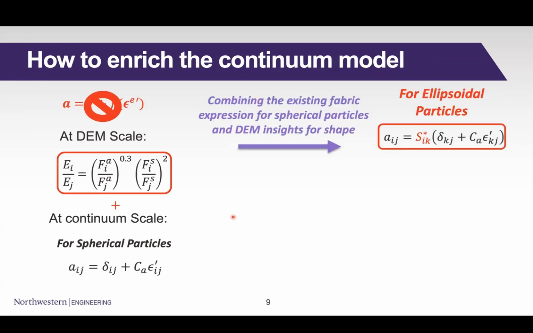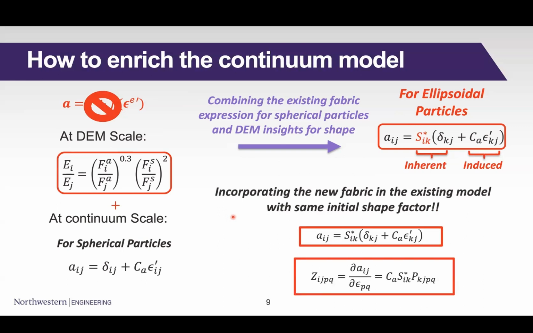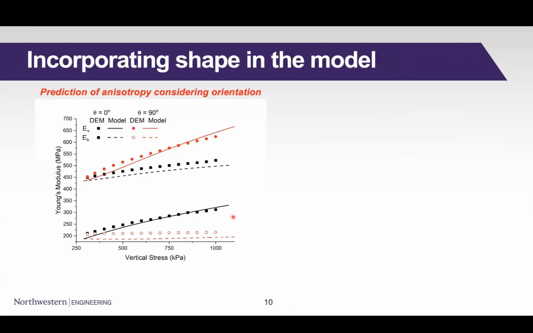This is the expression that we proposed, where one term is the induced term, or a reflection of adaptation in the contact area. Another term is the inherent term, which comes due to the shape itself. And we use this new enhanced fabric definition in that framework that I showed you earlier. And these are the terms that we used.